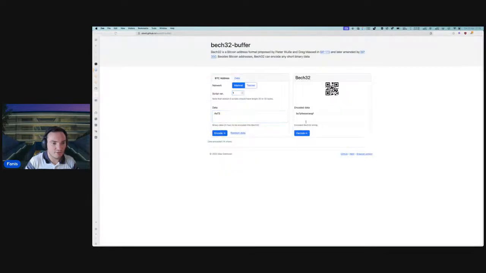I click encode, and you can see that it returns BC1P, which is something we expect from a taproot address. And then fees, and then there is this row and GF, which also can make you think of girlfriends if you're into that as well. So yeah, that's where this comes from.